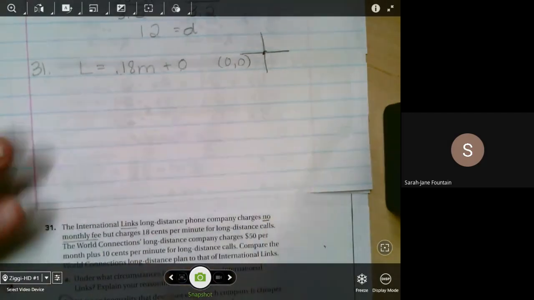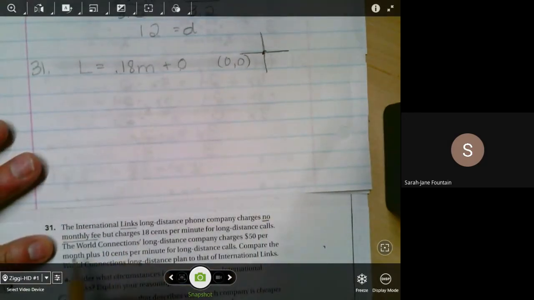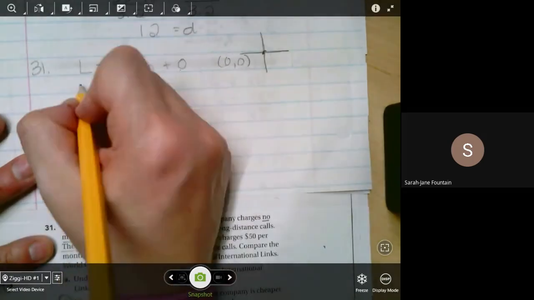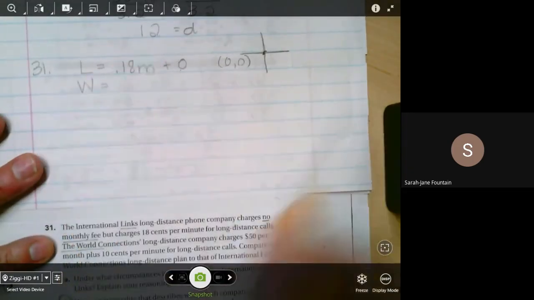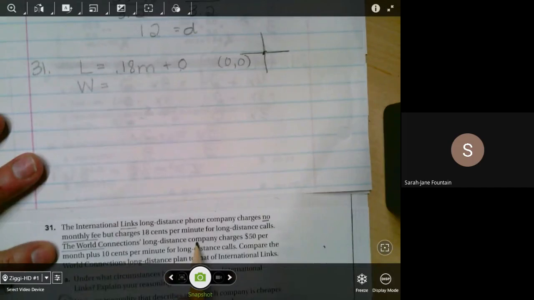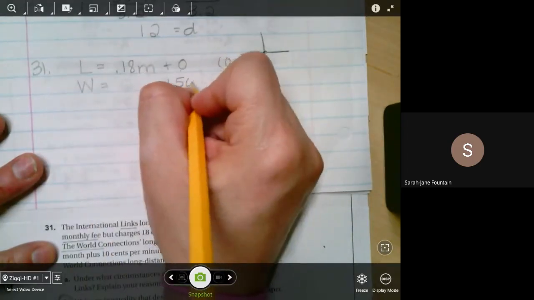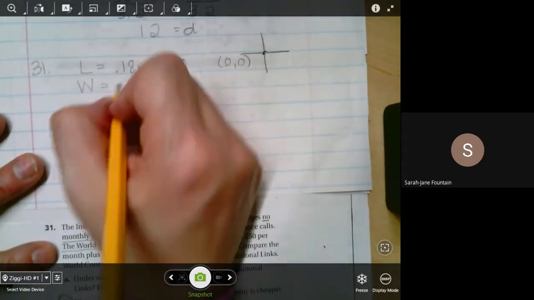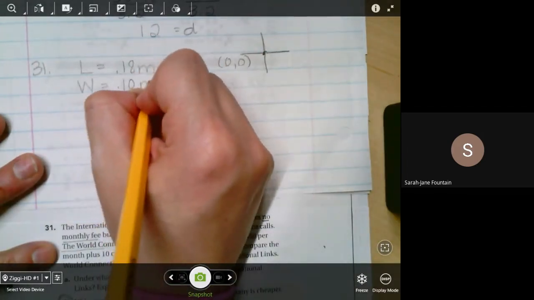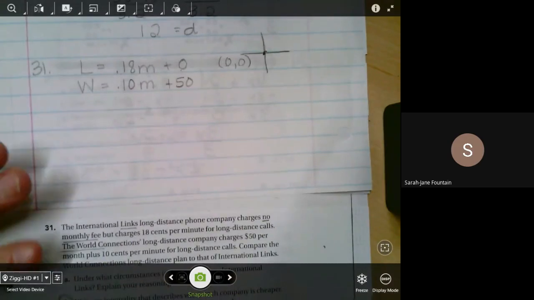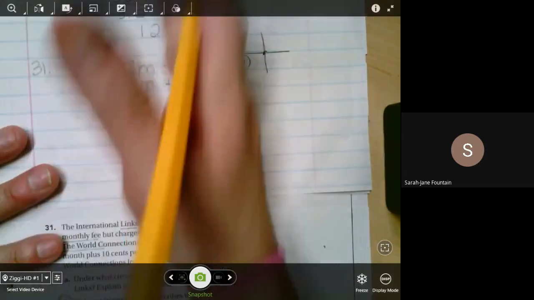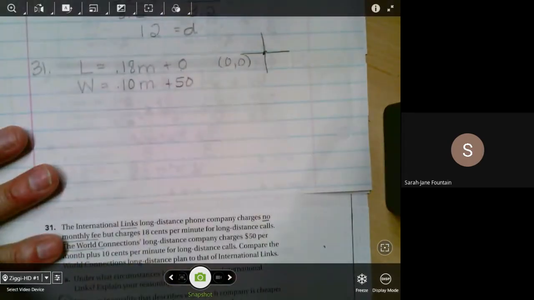So, however, then the World Connection, so we're going to use them as W. Long distance company charges $50 a month plus 10 cents per minute. And the reason I put the 50 at the end is so that the equations would line up nice and neat.